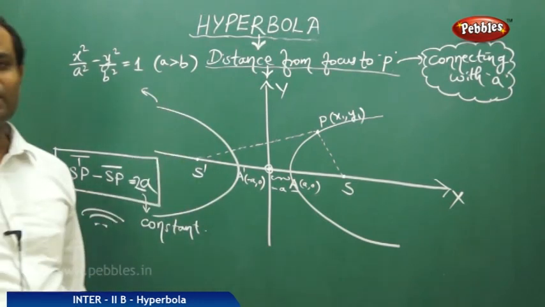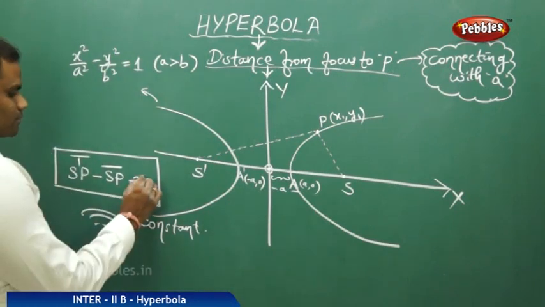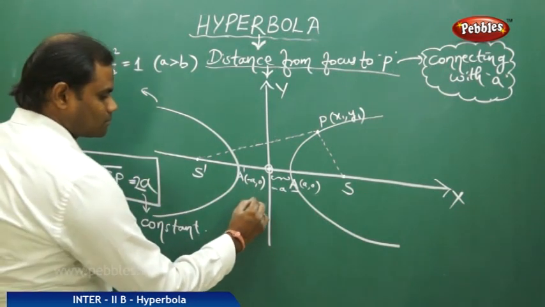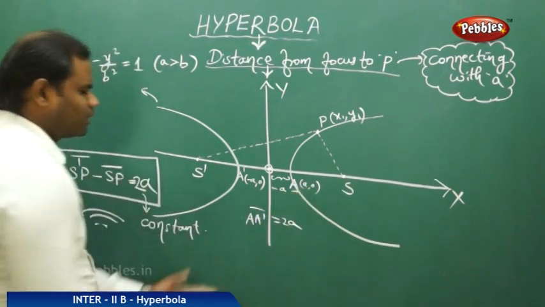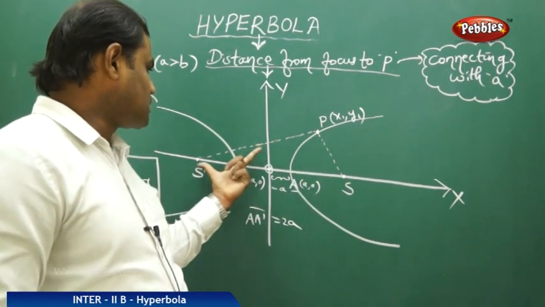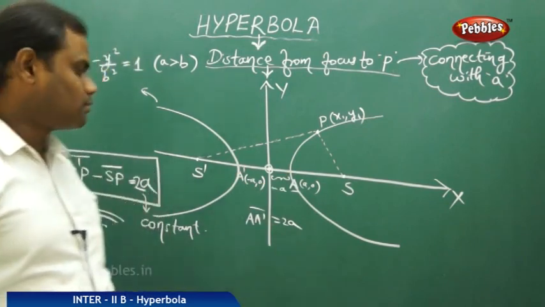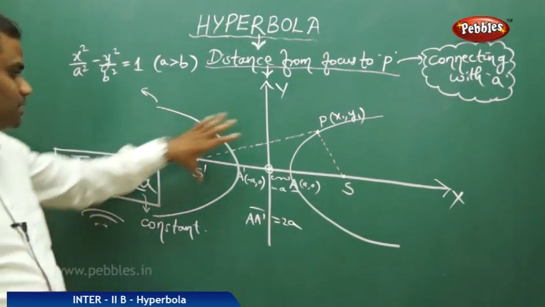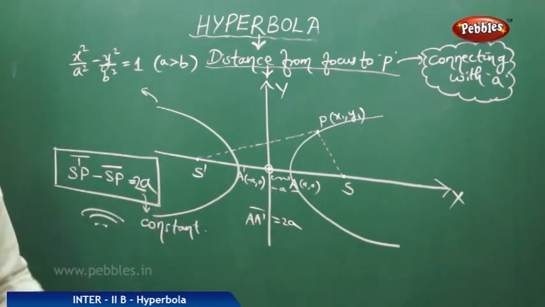And this is referred to as the distance AA dash. So the distance AA dash is 2A, which is connected. So S dash P minus SP is AA dash, which is 2A.